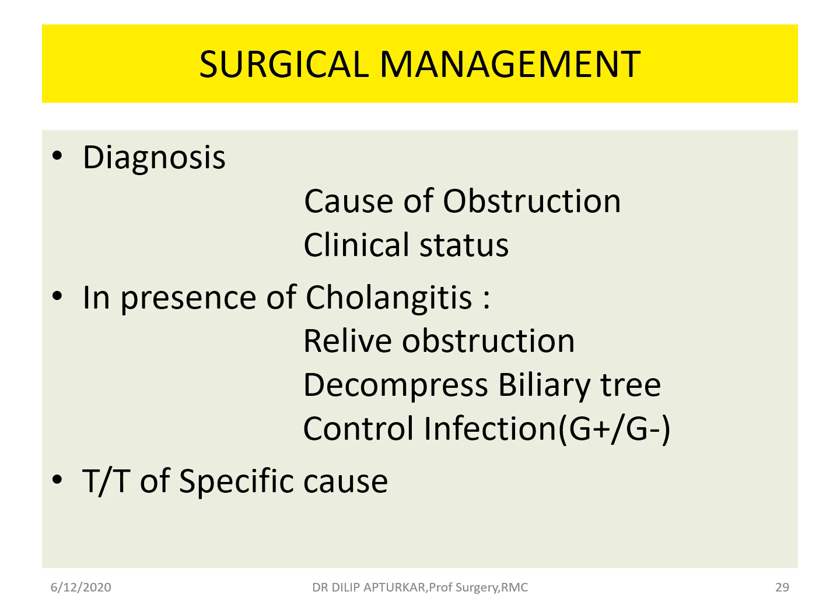In the presence of cholangitis, one has to relieve the obstruction, decompress the biliary tree, control the infection with gram-positive and gram-negative coverage, and treat the specific cause of obstruction, whether it is stone, malignancy or stricture.